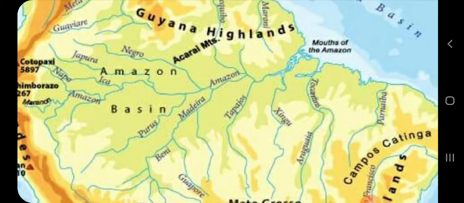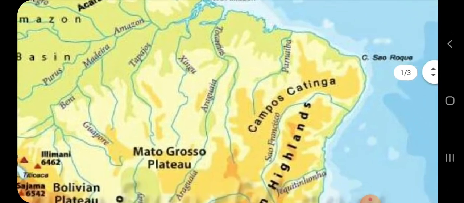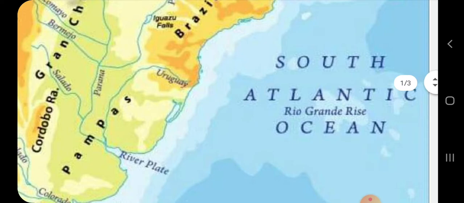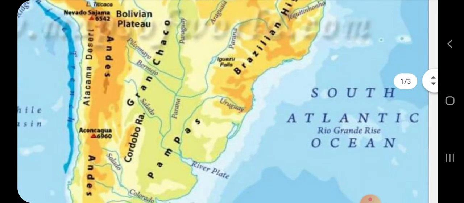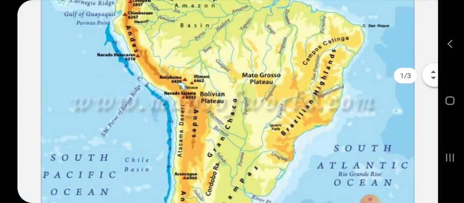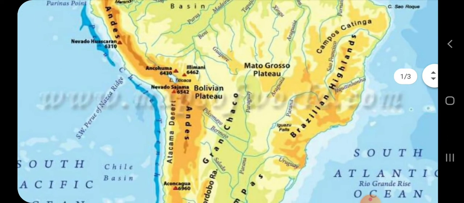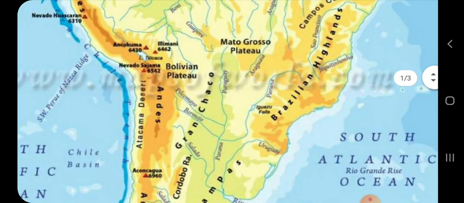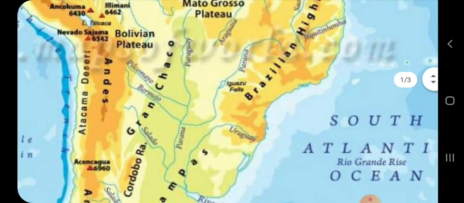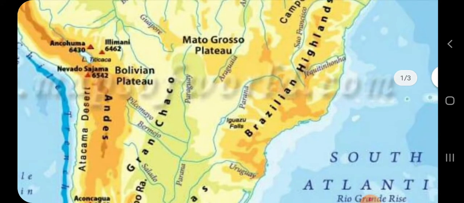These highlands extend in the eastern part of the continent along the Atlantic Ocean. Okay.